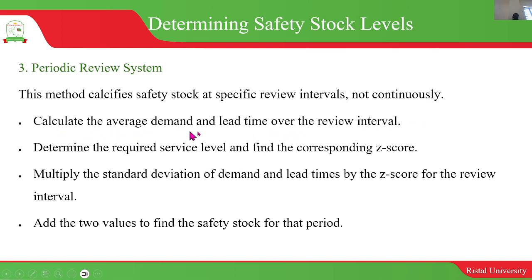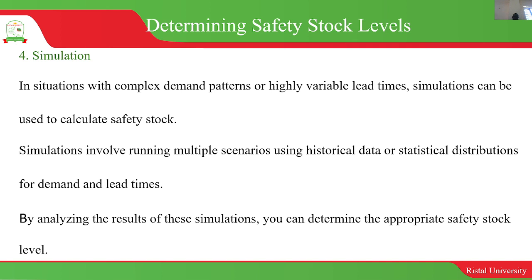We calculate the average demand and the lead time over the review interval, and then determine the required service level and find the corresponding Z-score, and then multiply the standard deviation of the demand by the lead time and the lead time by the Z-score of the review interval, and we sum the two to find the safety stock for that particular period. Number four, we can use simulation models. We already talked about simulation models in the previous chapter.